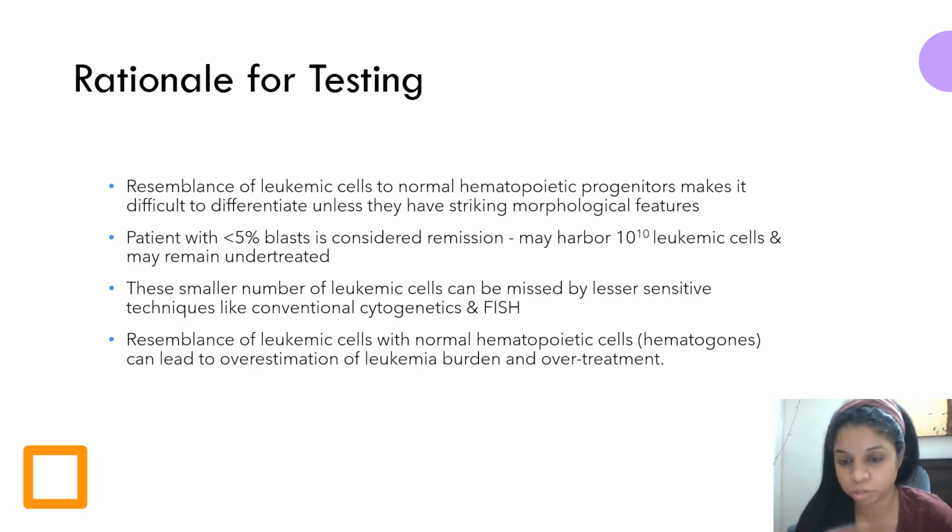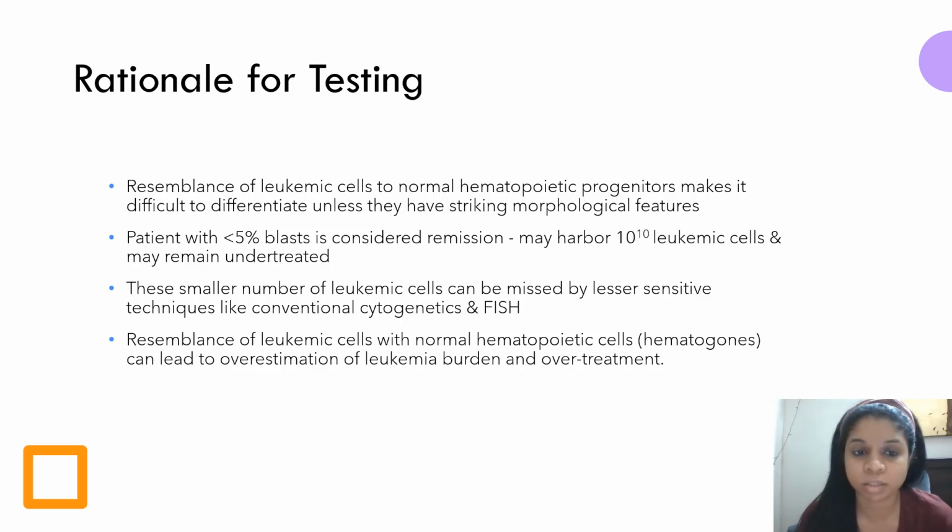Obviously when you stop chemotherapy, the bone marrow regenerates. When the bone marrow is regenerating, there will be normal hematopoietic cells or hematogones, and they also look like leukemic cells. If you're not very experienced, sometimes you can get confused with the leukemic cells. That means you might think there is relapse happening or remission happening, and then you might treat the patient again. So in this case, the patient might be undertreated.